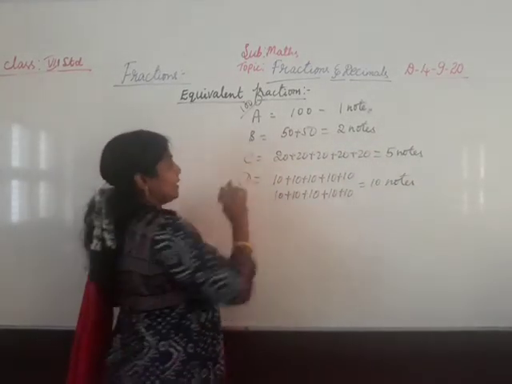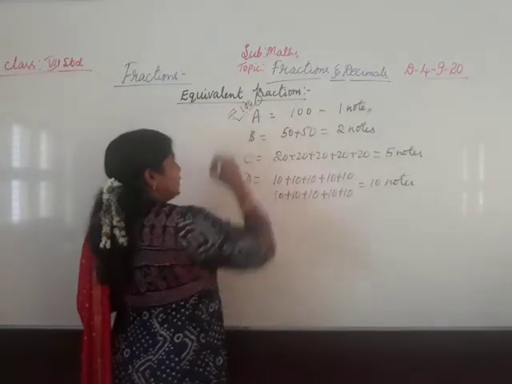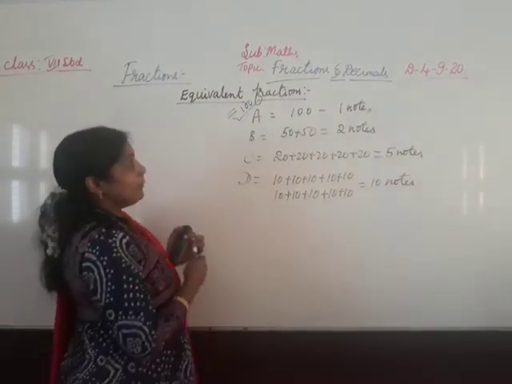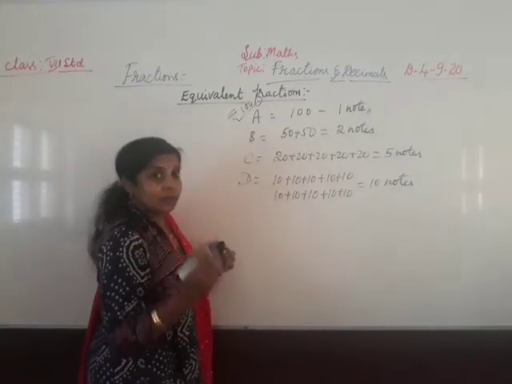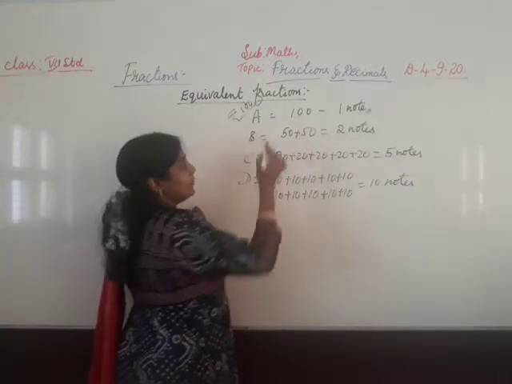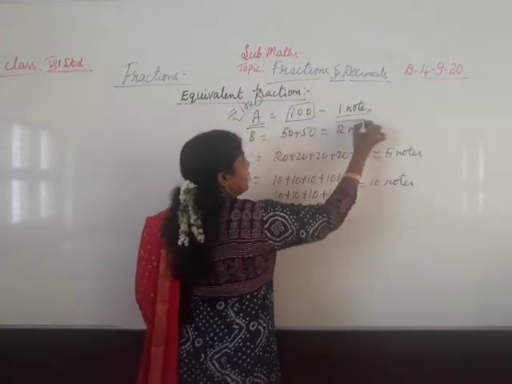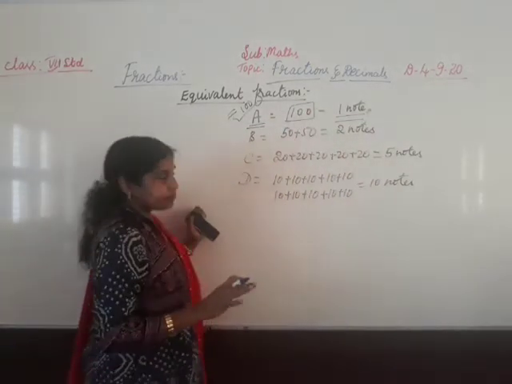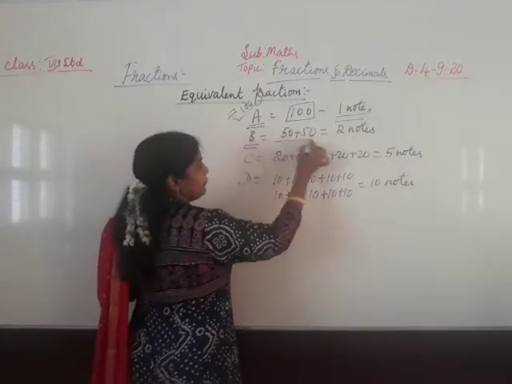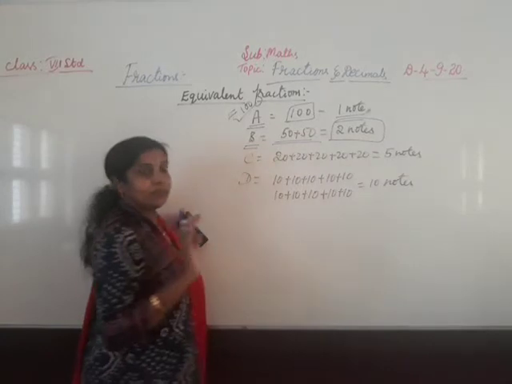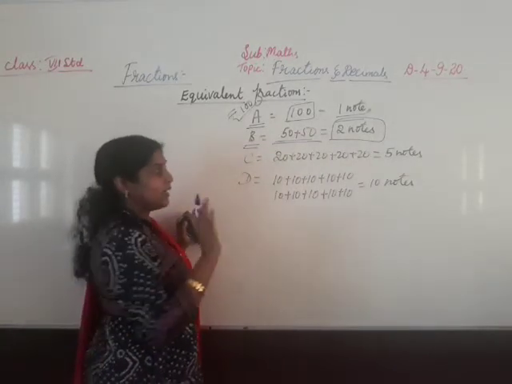Okay. So here all of them are having 100 rupees only. But what is the difference in the amount they were having? A student is having only one note of 100, but the value is 100 only. B is having 50 rupees, two notes, but the value of that amount is not changed, it is 100 only.